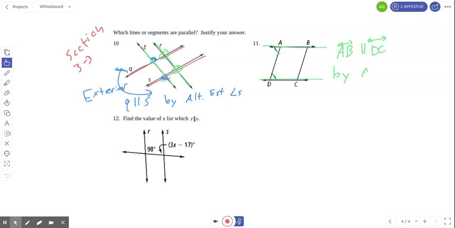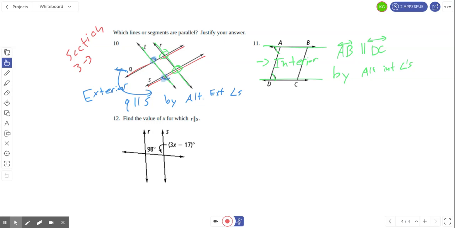These angles are inside. This is the interior of the parallel lines. So we can say if alternate interior angles are congruent, then the lines are parallel. So my reason is by alternate interior angles.